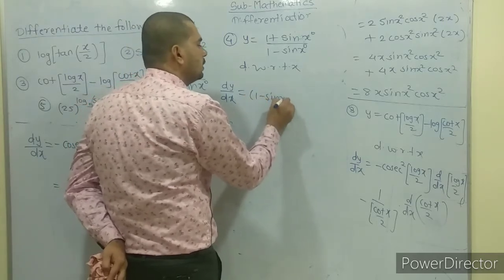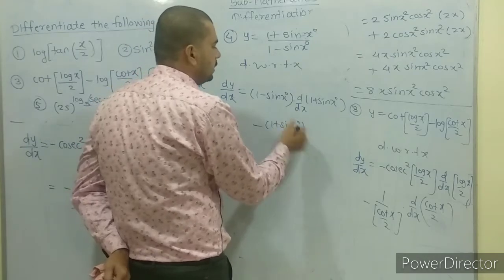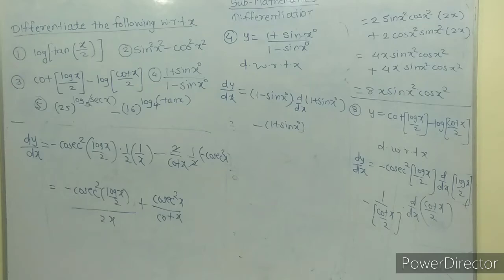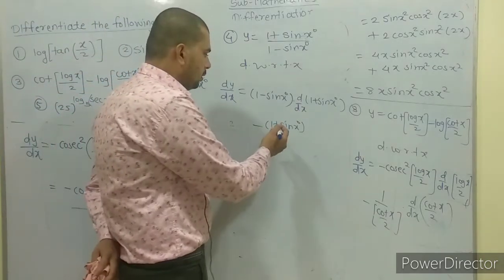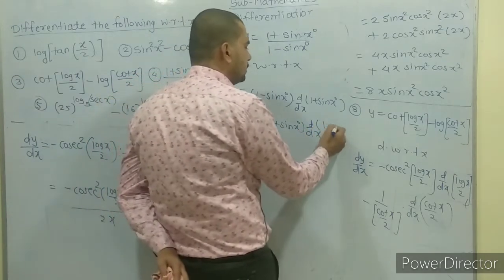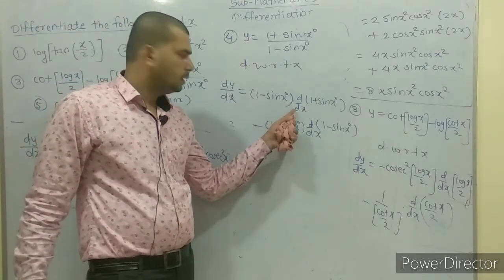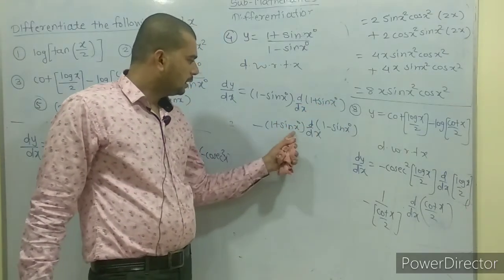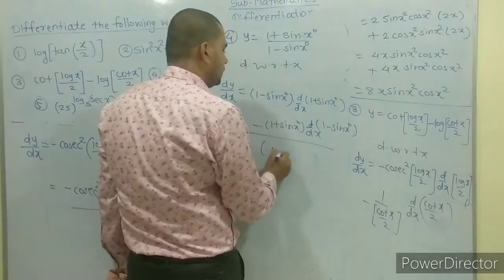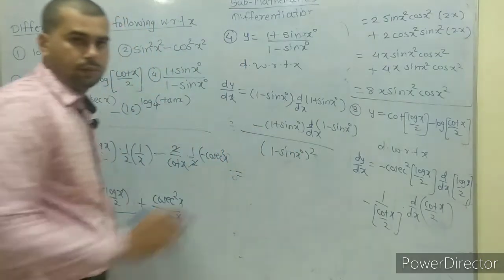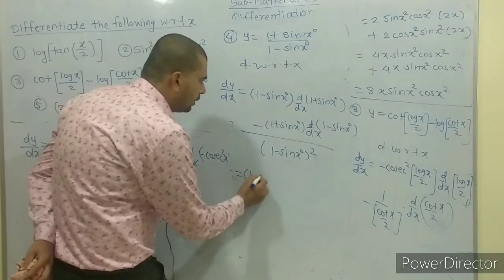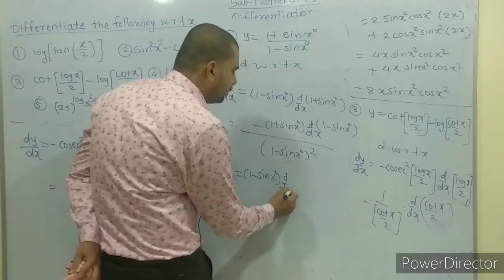1 minus sin x degree into d by dx of 1 plus sin x degree, minus 1 plus sin x degree into d by dx of 1 minus sin x degree, upon 1 minus sin x degree bracket square, equal to 1 minus sin x degree into d by dx of 1 plus sin x degree.